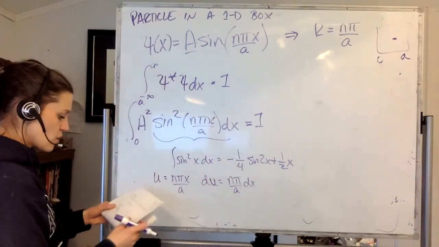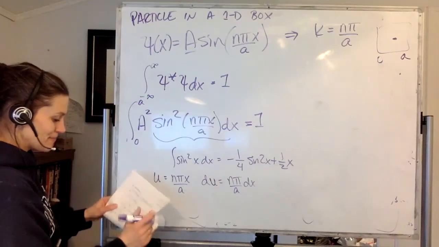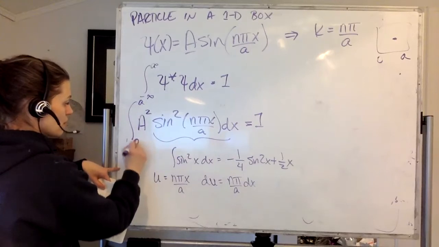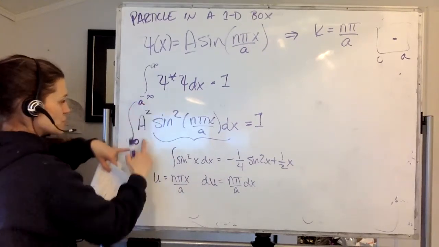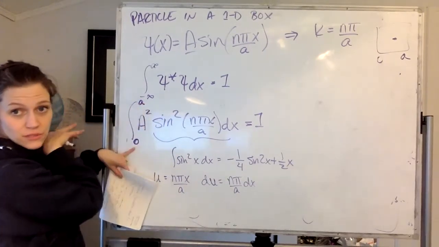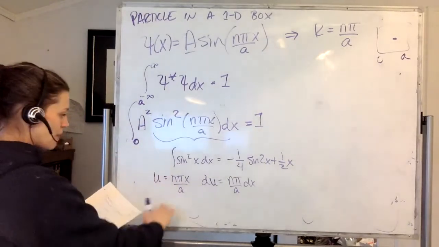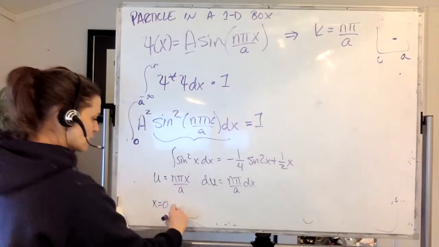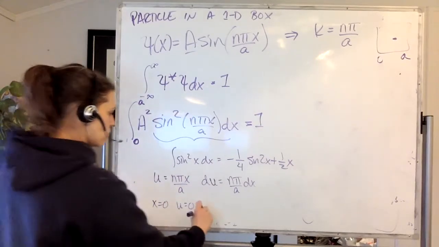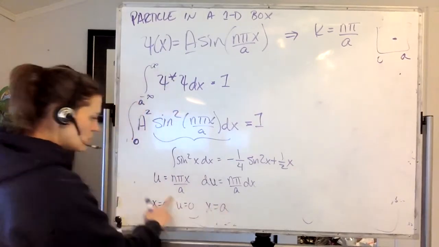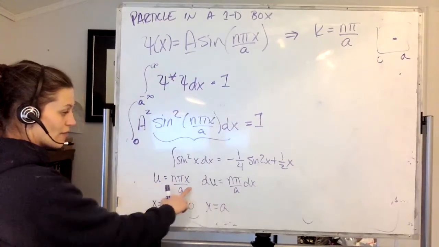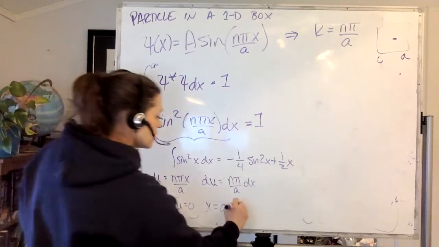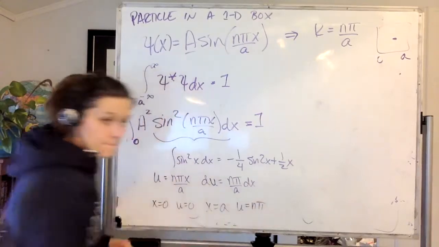Okay, so what I'm going to do then is make sure that I have a U substitution that also takes into account my integral limits. So if I do that, when x equals 0, U equals 0. That's easy. When x equals a, what is U? If x equals a, n pi a over a, the a's cancel, U equals n pi.